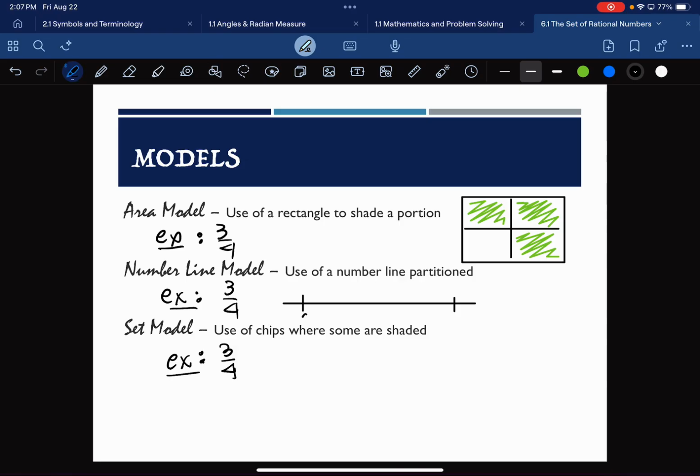We're starting at the number 0, we're ending at the number 1. And in very much the same way that we broke the rectangle into pieces, we're going to break the number line into pieces. Breaking things in halves is pretty easy, so 3/4 is actually very nice because I can split it in half, and then I can split it in halves again. So I actually have 4 equal pieces, roughly anyway, on my diagram. And the third one over, it's this one right here, would be the number 3/4.